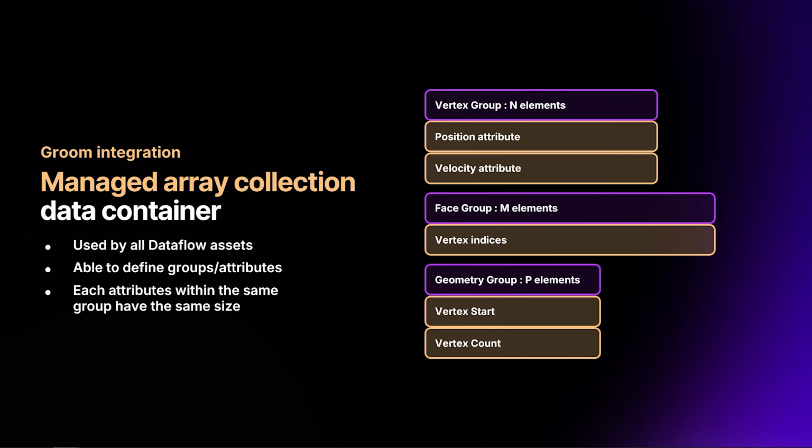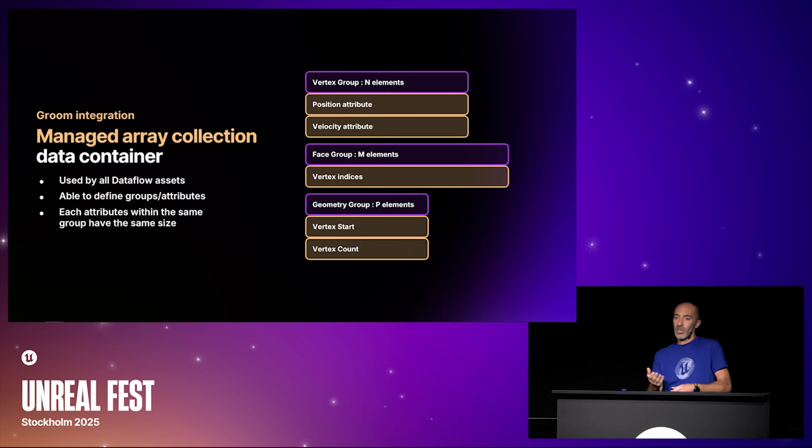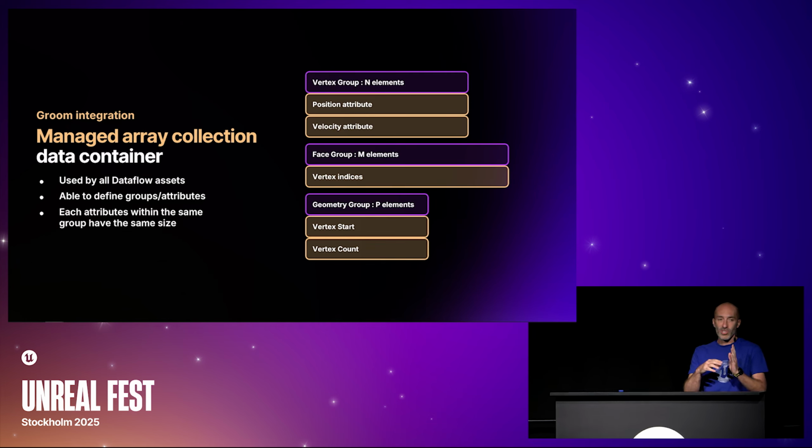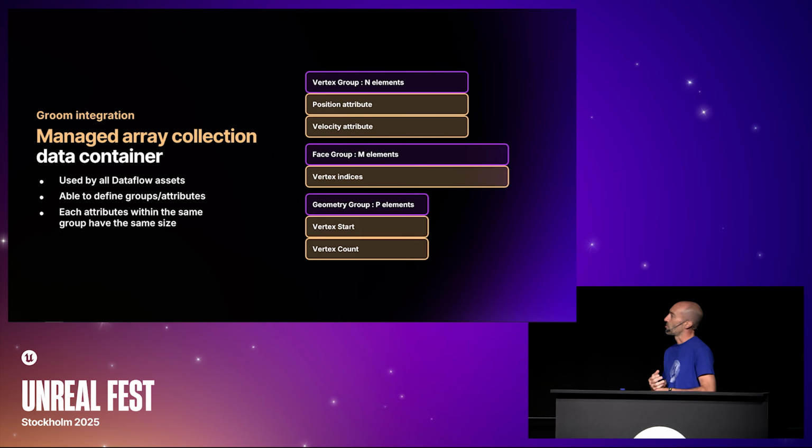Basically, you define groups, and you define a size for each group, and all the attributes that belong to that group will share exactly the same size. It's really easy. For example, here you have a vertex group with N elements. If you define a position attribute in that group, and a velocity attribute in that group, both attributes will have N elements. The same goes for the face group and the geometry group.